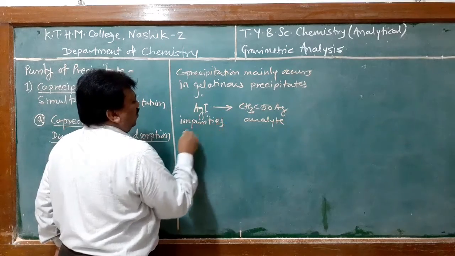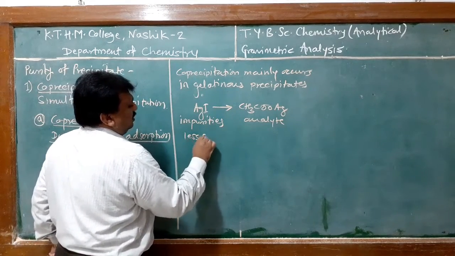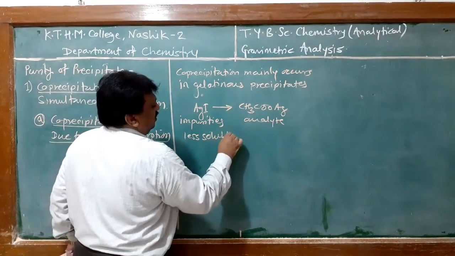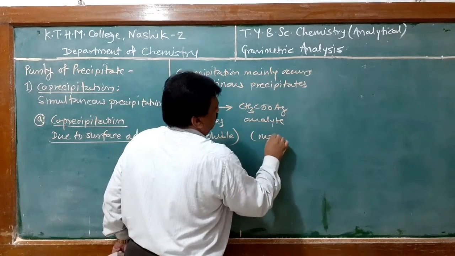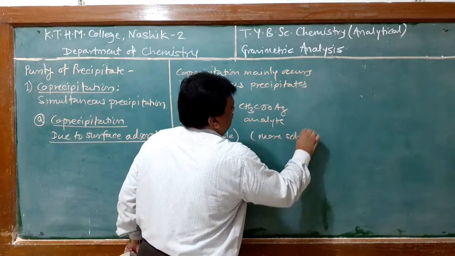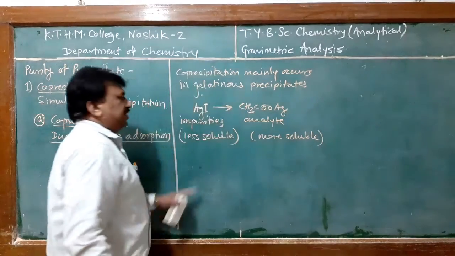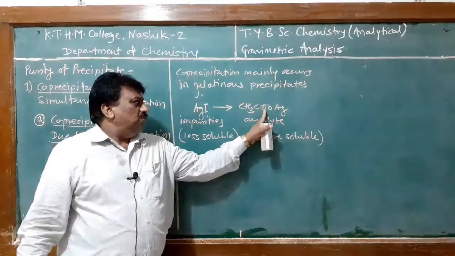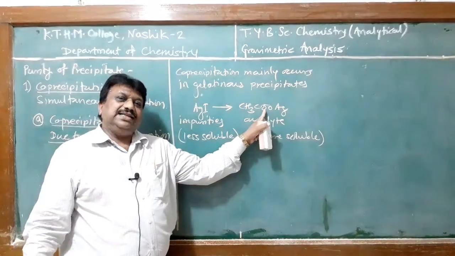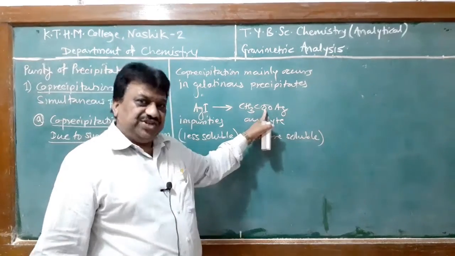Impurities which are less soluble generally adsorb on the analyte precipitate which is more soluble. Here, silver iodide as well as silver acetate are both soluble at the time of the precipitation reaction.